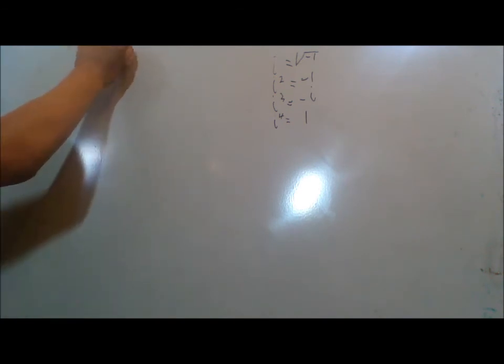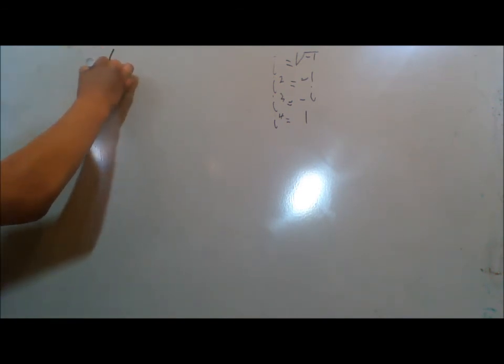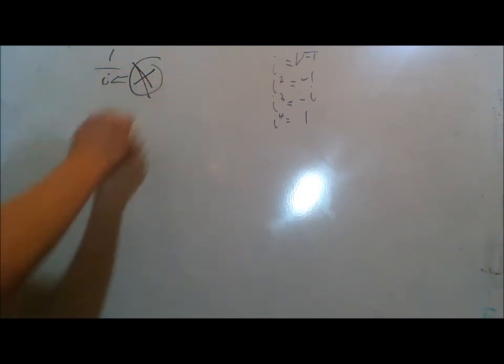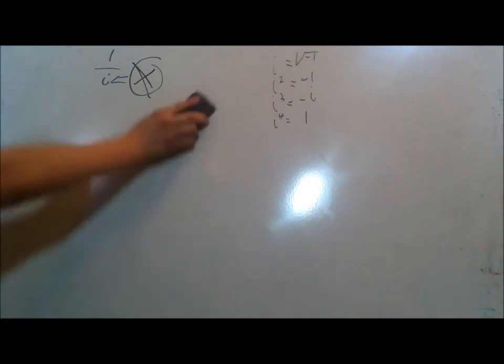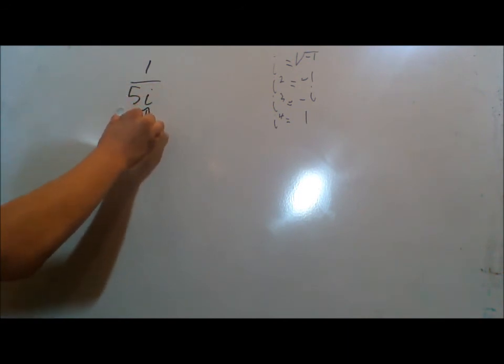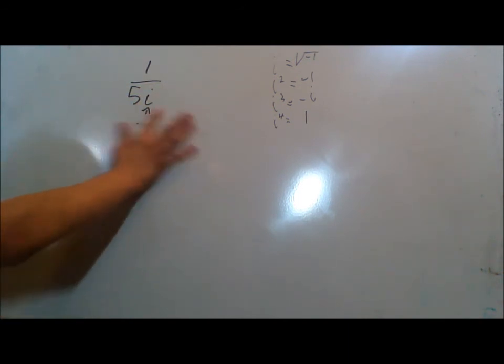There's also another rule you must know. In a fraction, if you have I in a fraction, you cannot have I on the denominator. So let's say we have 1 over 5I. Again, we have an I on the denominator. We can't do that.